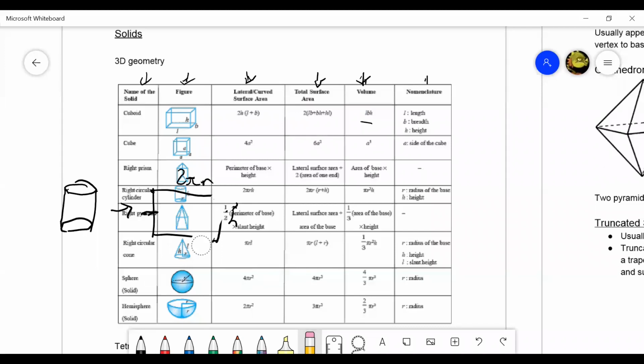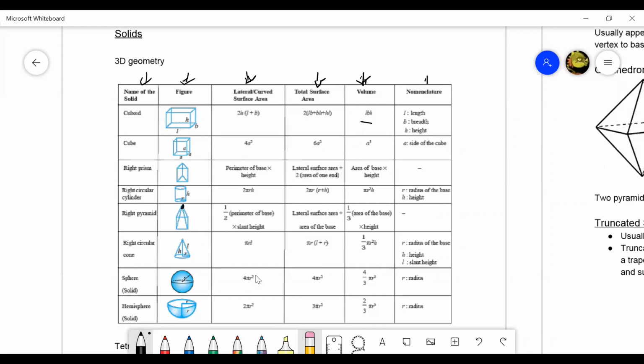Next is the pyramids. And the pyramids are kind of like prisms, except there's only one base. So a pyramid has a base of any shape, can be square, triangle, etc. And it has this one point called the vertex.